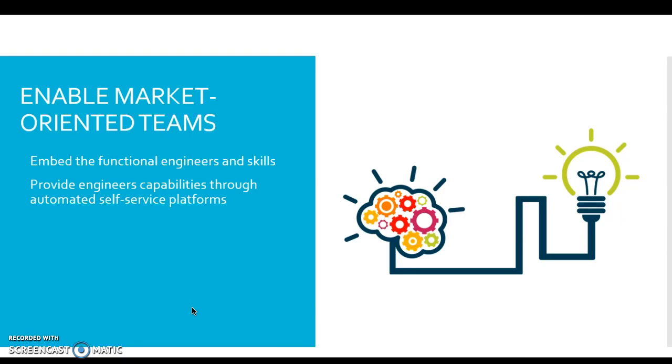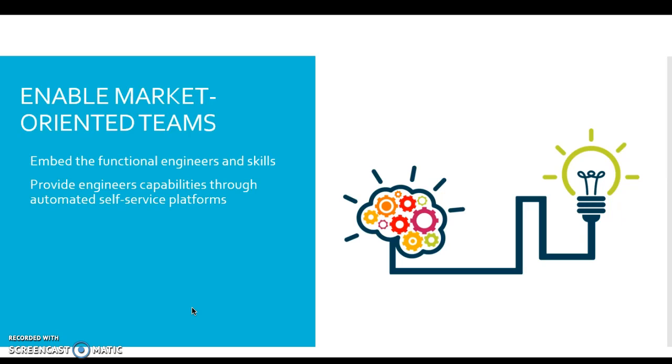The point here is that we should work in a market-oriented way. We should build market-oriented teams. To build this, there are two main points. First of all, embed the functional engineers and skills in the teams. This is going to allow a team to be independent and deliver its own product and make the choices.